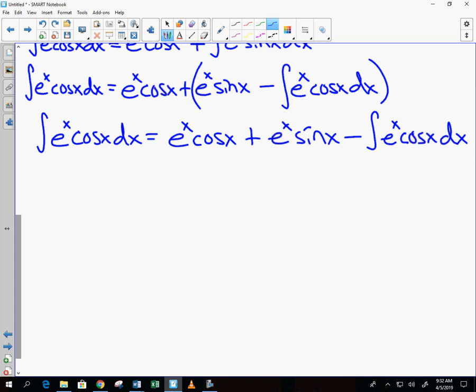Chris is correct. He sees the situation here. He says, hey, I've got something here and I've got the same thing over there. I have an equal sign in between. Are these two things not like terms? So you could just simply add it to both sides.